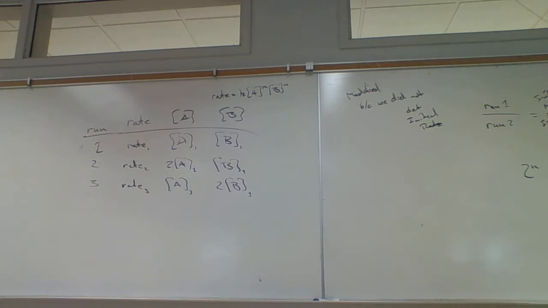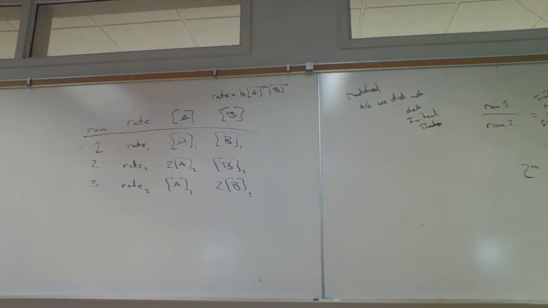And then K prime 2 is K times the sodium hydroxide concentration from run 2. And the sodium hydroxide concentrations are different. And so this would be the sodium hydroxide to the N, sodium hydroxide to the N.